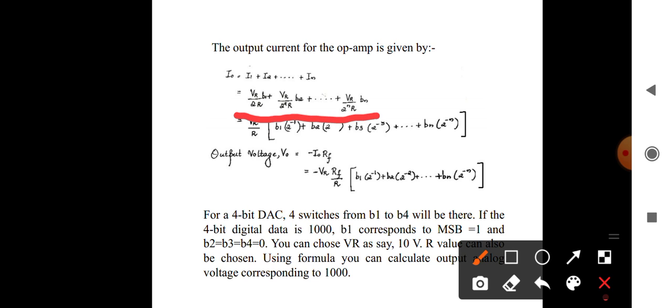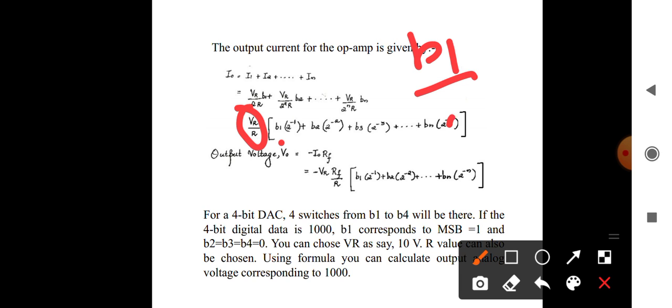After this we take VR by R as common, and there we are getting B1 by 2 raised to 1 plus B2 by 2 raised to 2.